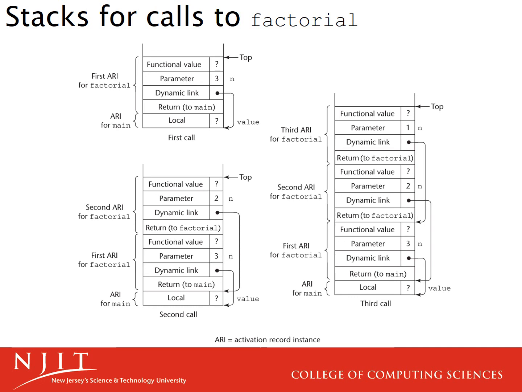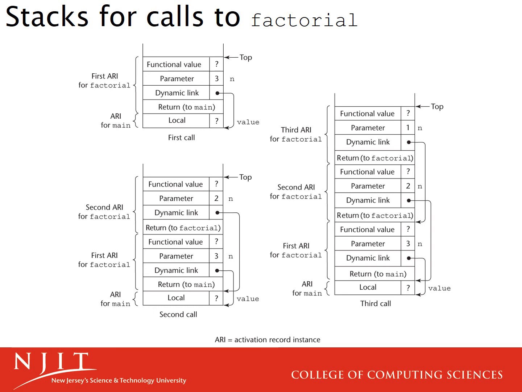The dynamic link in the first ARI points down to main. Factorial of 2 calls factorial of 1, and you can see on the right-hand side that now I've got 3 activation records stacked up. Okay, so you can see I've got an activation record for factorial of 1, stacked on top of an activation record for factorial of 2, stacked on top of an activation record for factorial of 3.